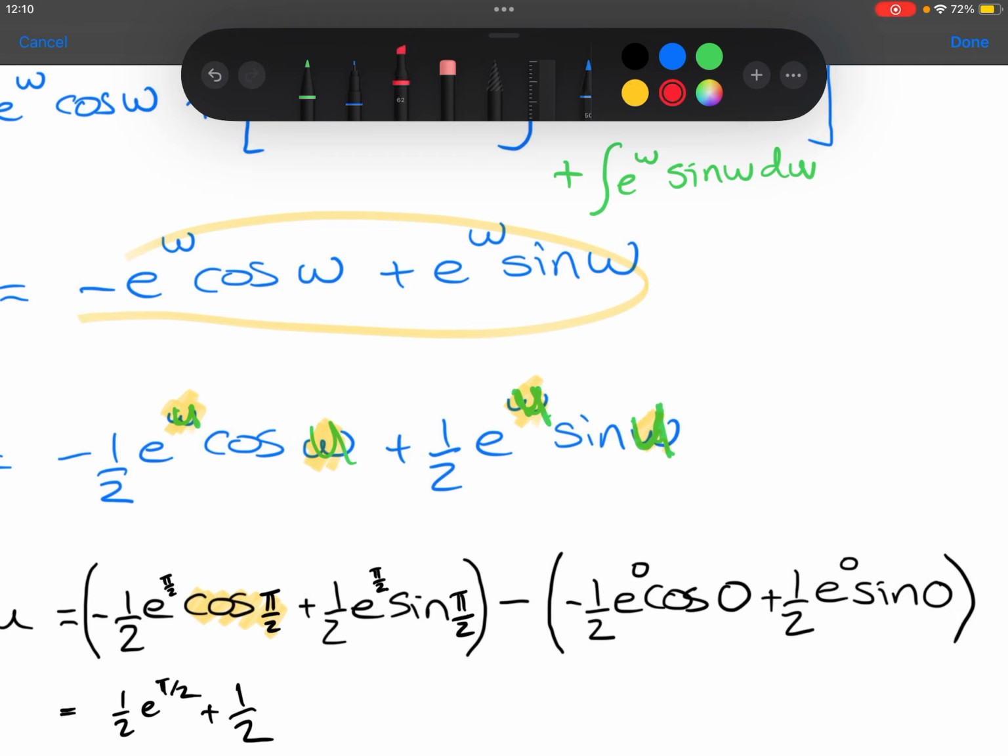So that first term's going to just disappear completely. The next term, the sine pi over 2, is 1. So I get a half e to the power pi over 2 times 1. So I've got that answer here.